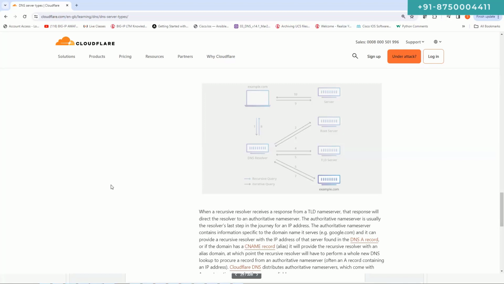If it belongs to the same domain, the CNAME, right? Then your recursive server, or local DNS, already had the IP address of the authoritative server in its cache, so it can directly go to that authoritative server. If it belongs to a different domain, then it will go back to the TLD, right?